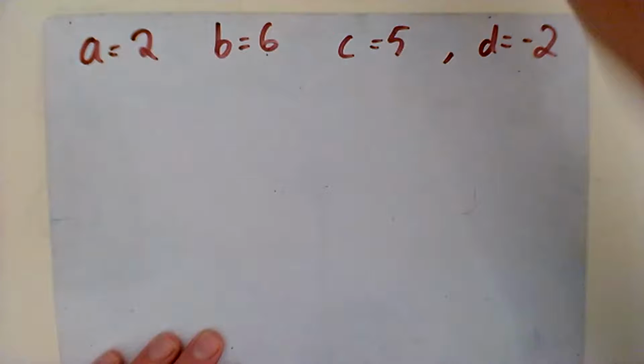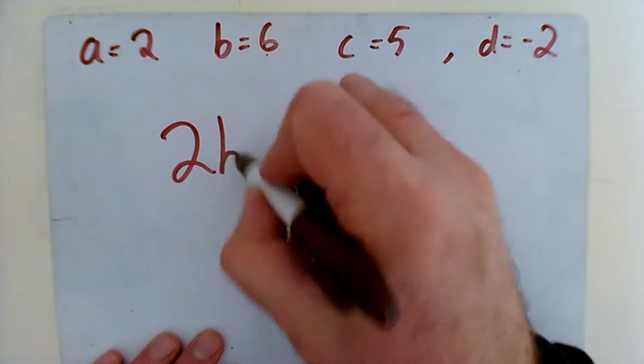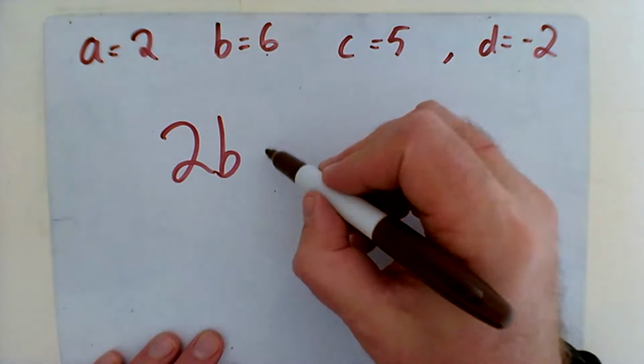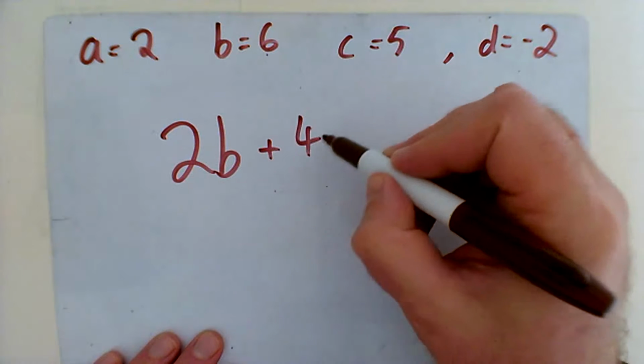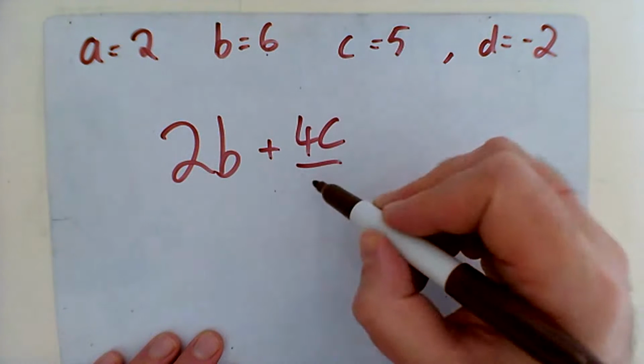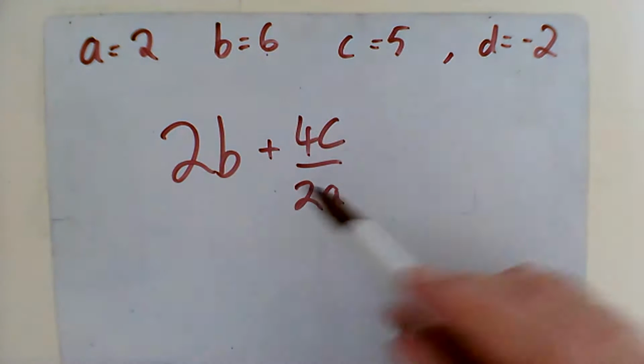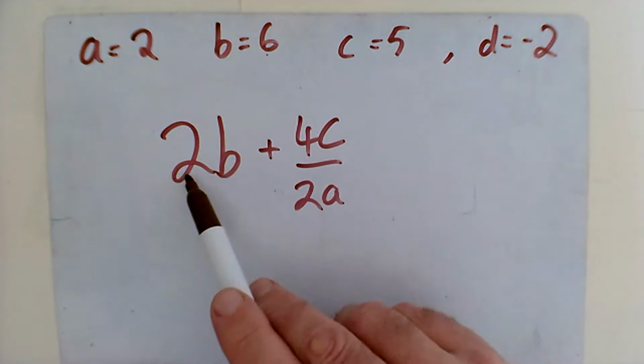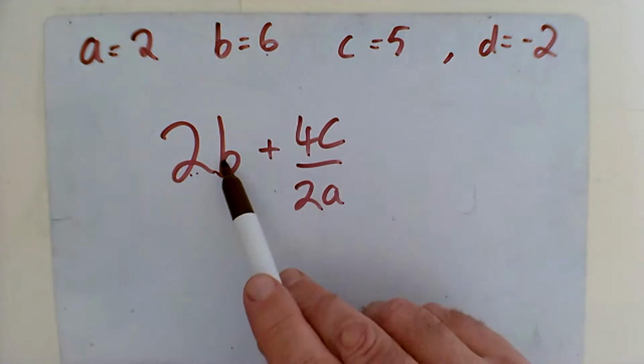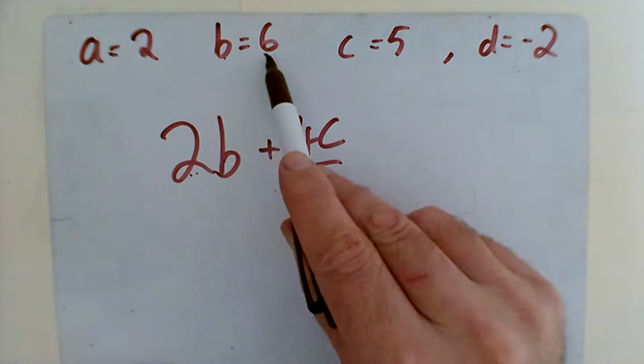Let's do a couple more. Then we can get a little bit more complicated. It becomes 2b plus 4c divided by 2a. Okay. So again, which is just substitution. So let's substitute this 2b. So 2b, 2 times b, 2 times 6.